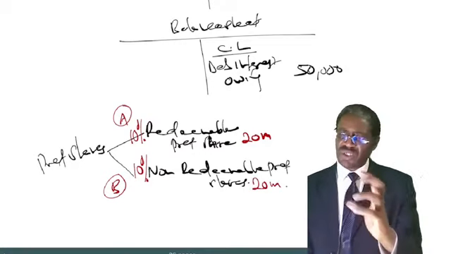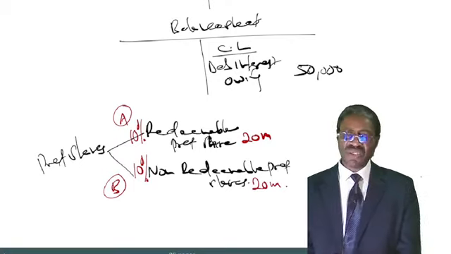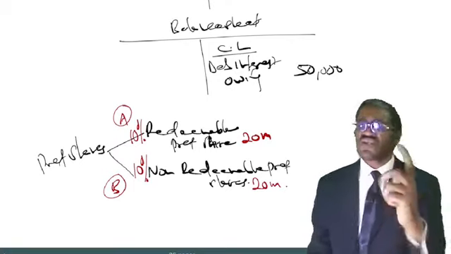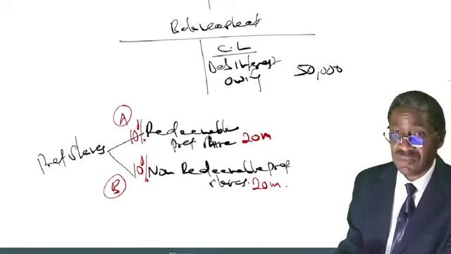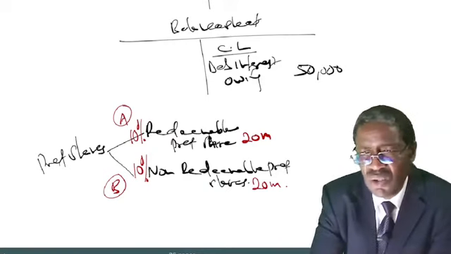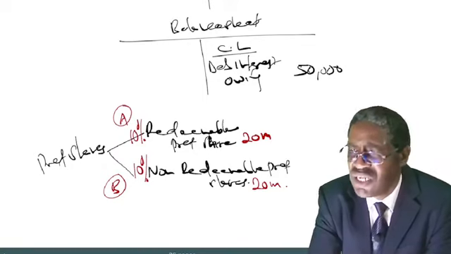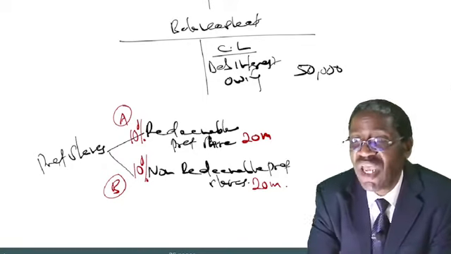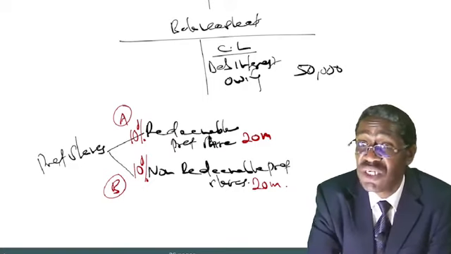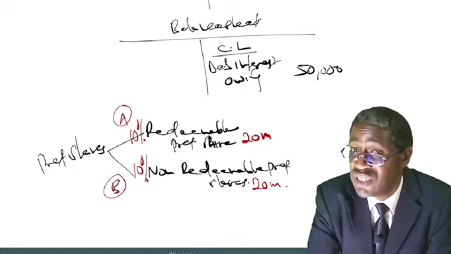So the question is this. When these two companies are preparing their balance sheet, will they take the 20 million in the same place?